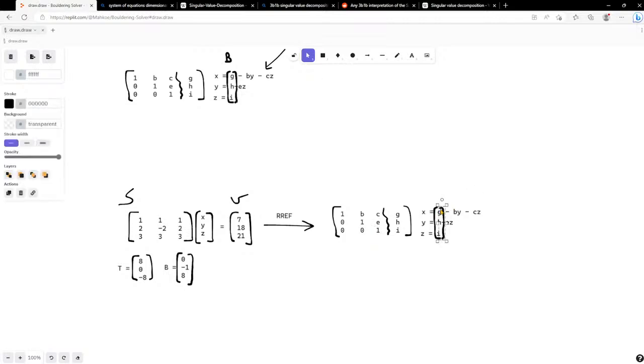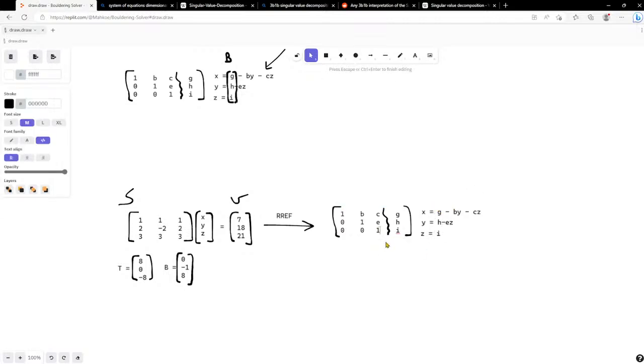Let me just delete these scribblings here. And actually what we got here was 0, 0, like that.